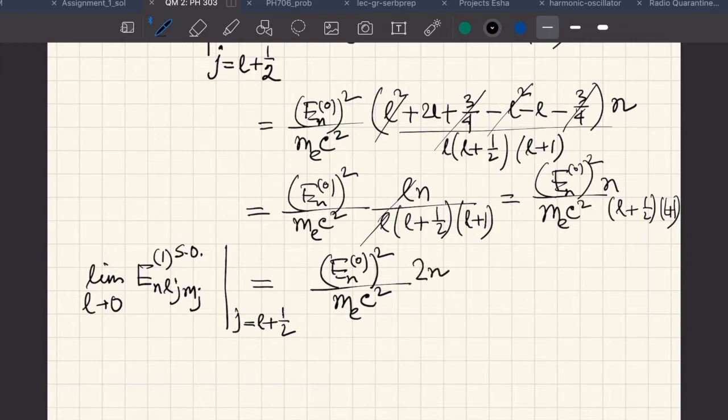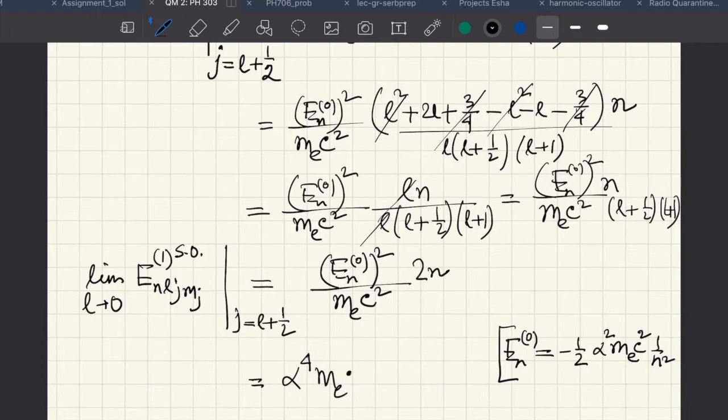So if you now want to write in terms of alpha, this is alpha to the 4, because remember En0 in terms of the fine structure constant alpha was minus half alpha squared m_e c squared into 1 by n squared. So this is alpha to the 4 m_e c squared into 1 by 2n cubed.